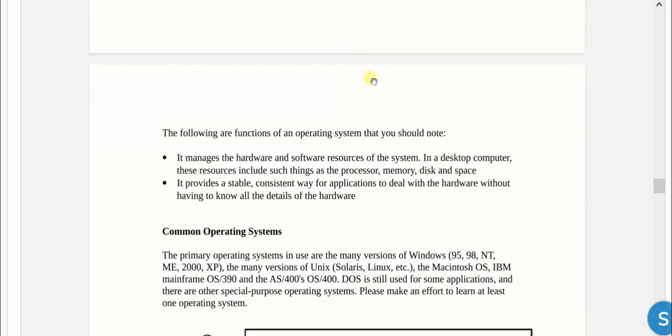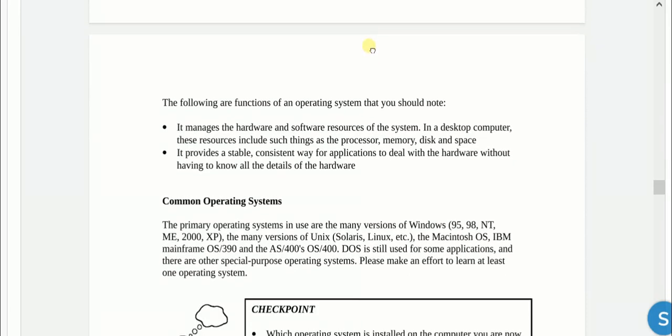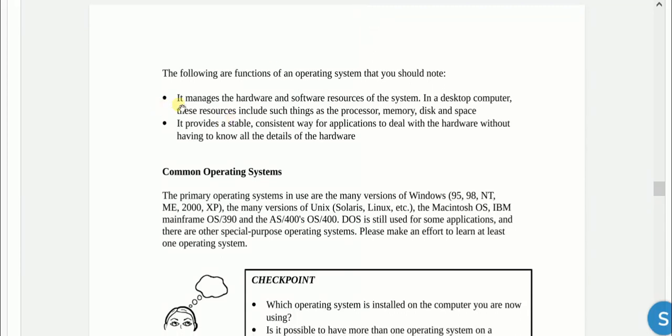And now there are various functions of the operating system. The operating system manages the hardware and software resources of the system, and it also provides a stable, consistent way for applications to deal with the hardware without having to know all the details of the hardware. So the operating system is like a bridge between the hardware devices and the various applications that you would use your hardware to do.